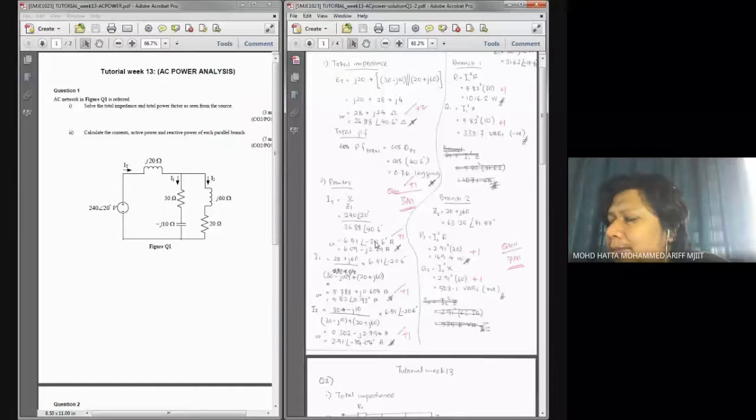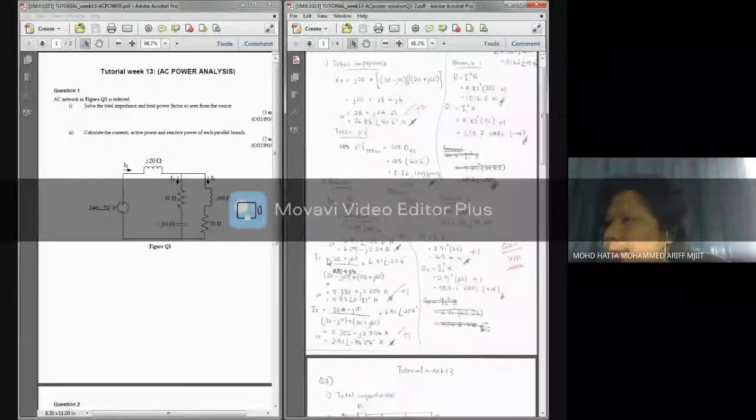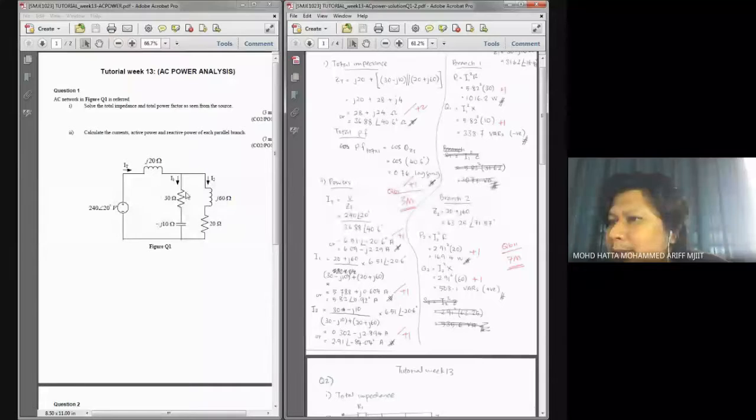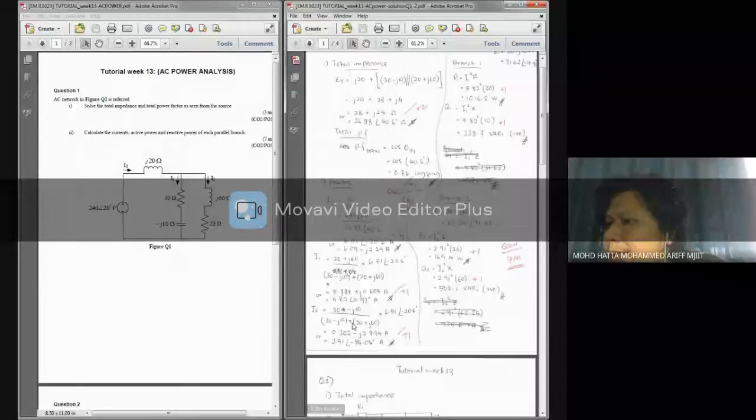Now we have I1 using the current divider rule, and also I2 using the current divider rule as well. For I2, I will consider this branch divided by the summation of both branches: 30 minus J10 divided by 30 minus J10 plus 20 plus J60, times the total current.